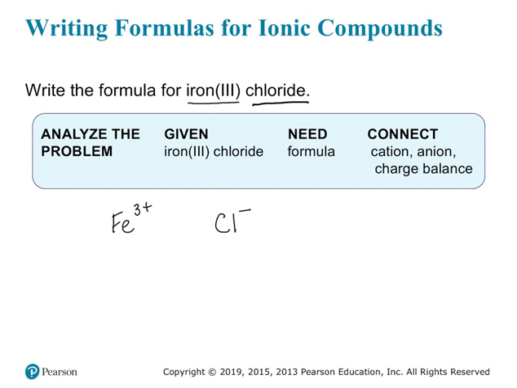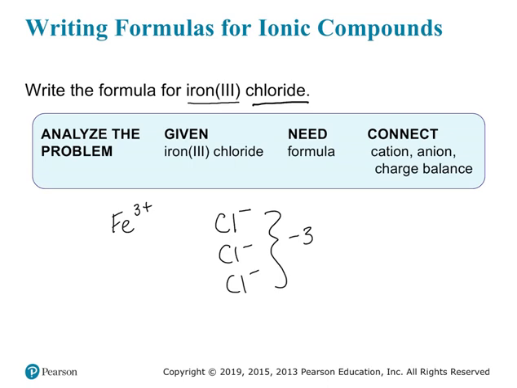Okay, so we're trying to figure out the formula. So how many iron ions do we need and how many chloride ions do we need to balance the charges? So we need 1 iron ion and 3 chloride ions. And that will balance our charges.